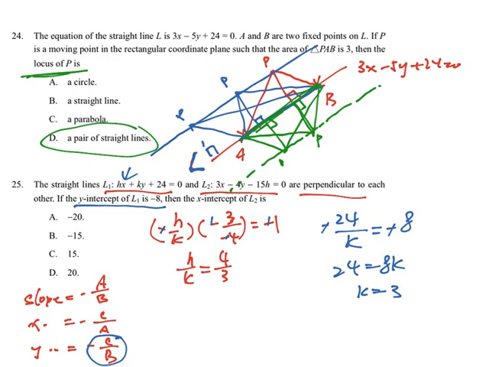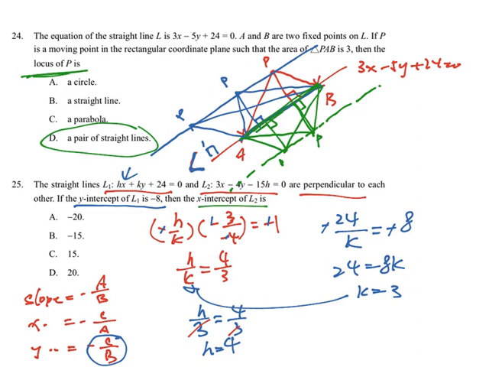After we have k, we can put it here and then find h. So h over 3 equals 4 over 3. Same denominator, so we can cancel. So h equals 4.